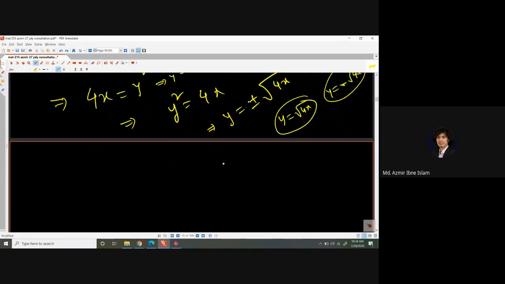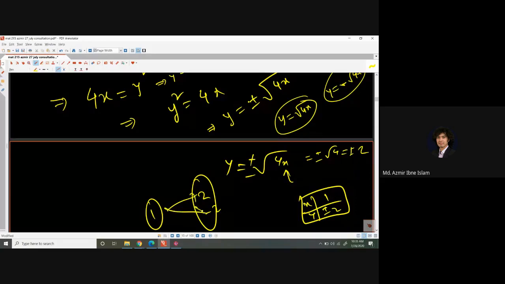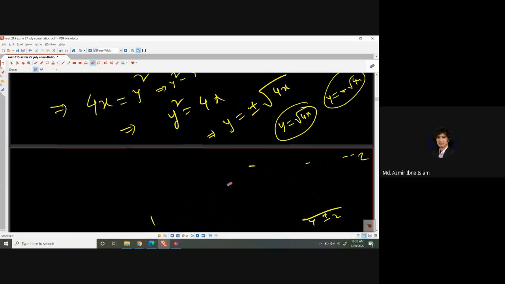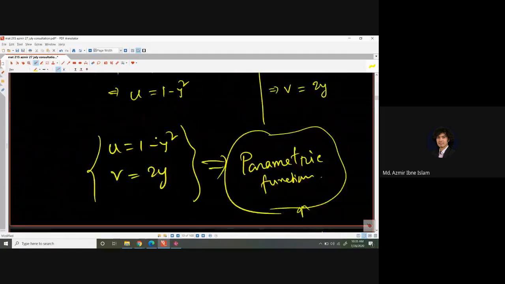But whatever we have here, plus minus root over 4x, if we input x as 1, we are getting plus minus root over 4, plus minus 2. So for this input 1, we have two outputs. So that is not a function, it is just a relation. So try to recall the definition of relation here. We don't need this now. But the main concept is how we can convert a parametric function to y equal to f of x. Is that okay? Do you understand my point?